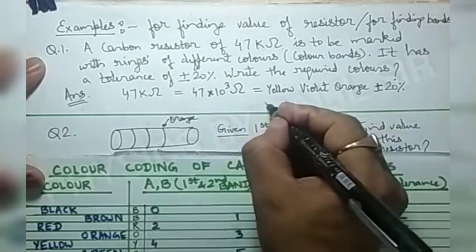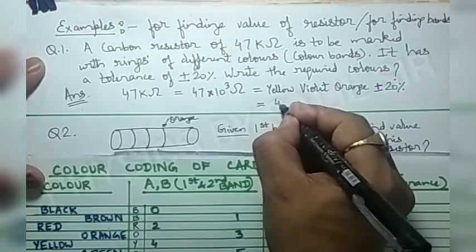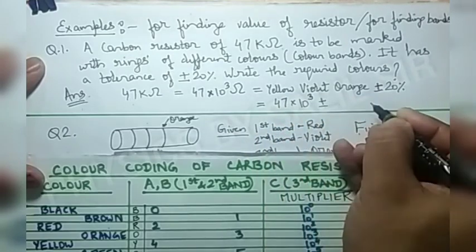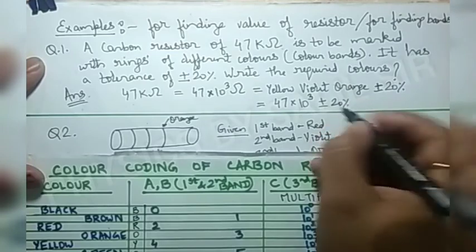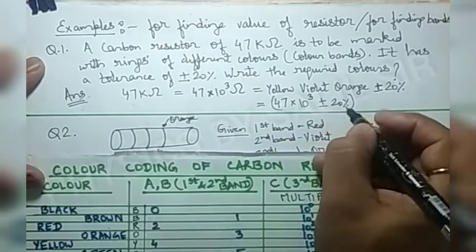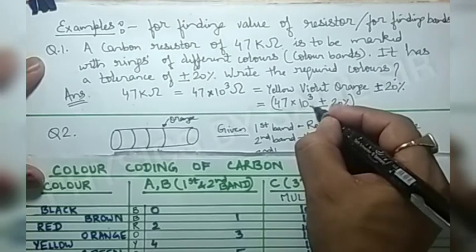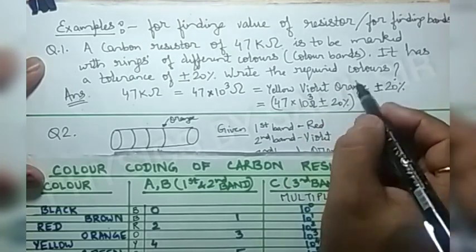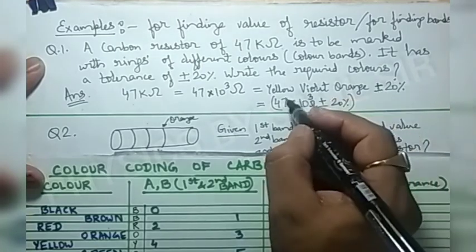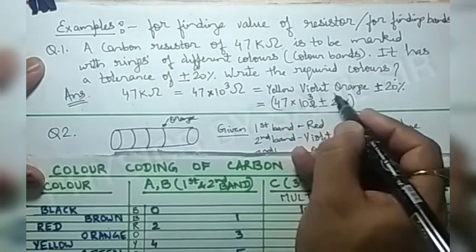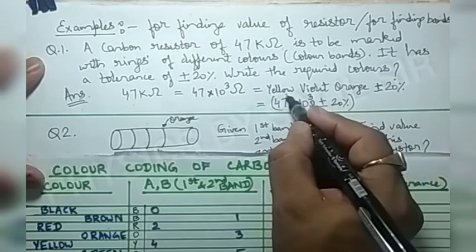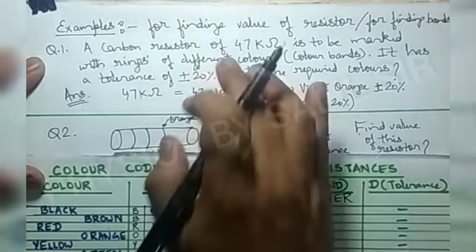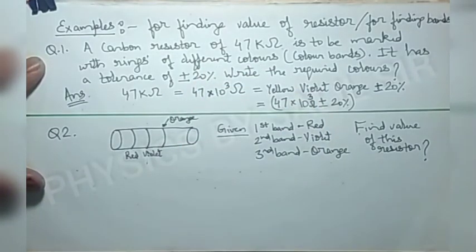So the real value of this resistor will be 47 into 10 to power 3 ohm plus minus 20%. This will be the value, and according to the question the color bands were asked. First color will be yellow, second will be violet, third will be orange. So this is the solution of this type of question based on the coding.